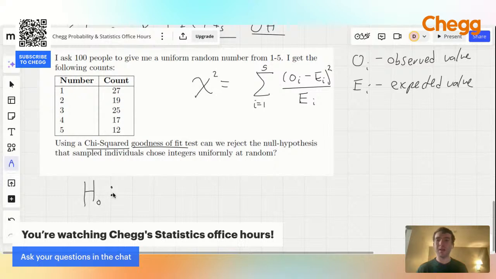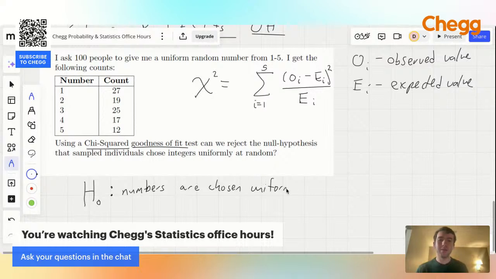So the null hypothesis here is counts or numbers are chosen uniformly from the set 1, 2, 3, 4, 5.